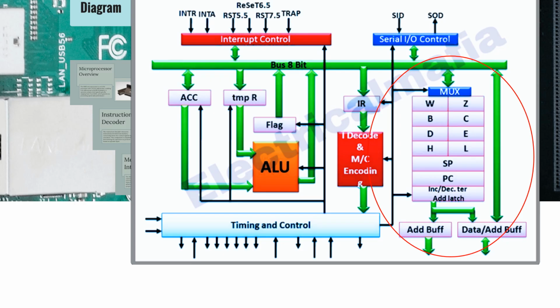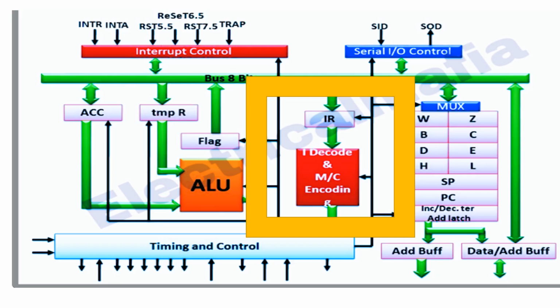The timing and control unit generates the control signals for the microprocessor's operation. The instruction decoder interprets instructions fetched from the memory, converting them into control signals for execution. This component is essential for determining the operation to perform based on the opcode input.